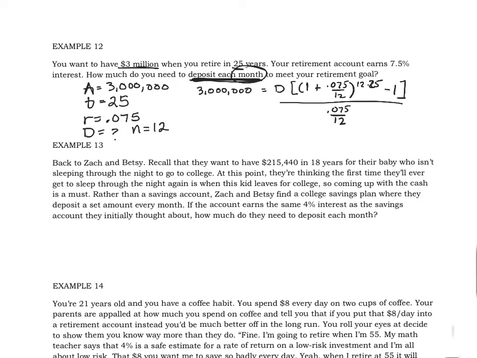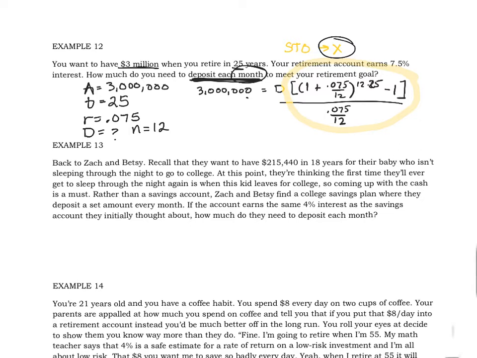There's a lot of ways that we can do this. Some of you might want to take this amount right here and put it in your calculator, and you can store it in like an X. Okay, so if you have that kind of calculator, you can do that, and then all you have to do is take this 3 million and divide it by whatever variable you stored that in.